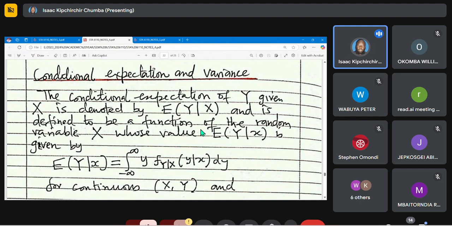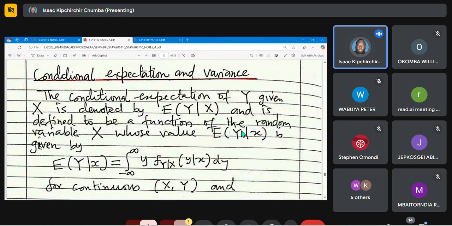We already know the notation for expectation; for x, we just say expectation of x. Now, the conditional expectation of y given x is denoted by expectation of y given x. When you see this vertical line, we read it as given.